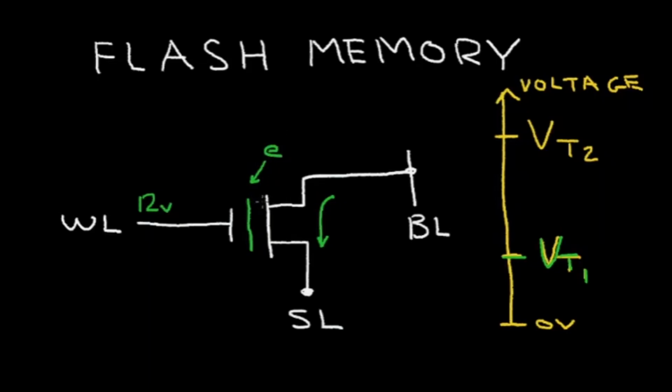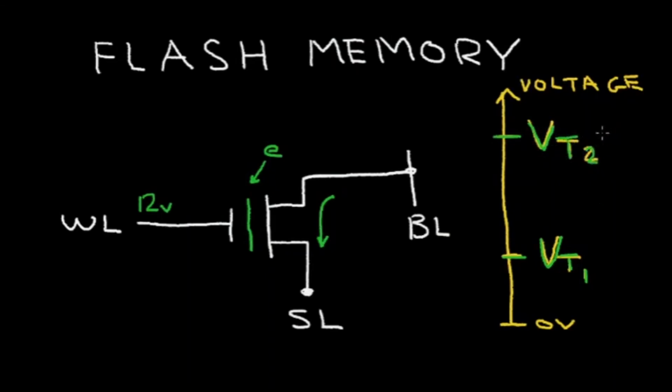Now this floating gate is surrounded by an insulating material, an oxide, and it can store this electron charge for decades. When I induce electrons onto this floating gate, I increase the threshold of this transistor up to VT2.